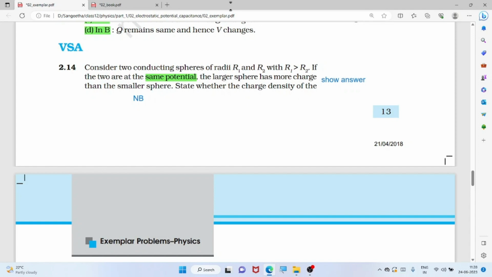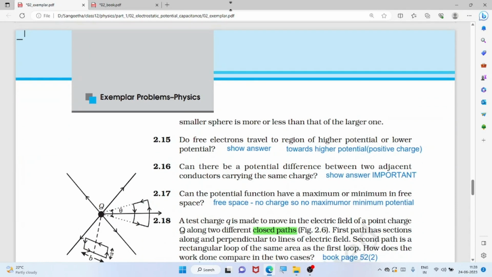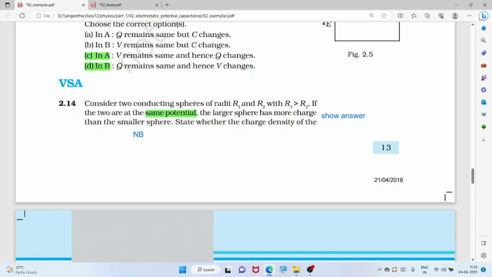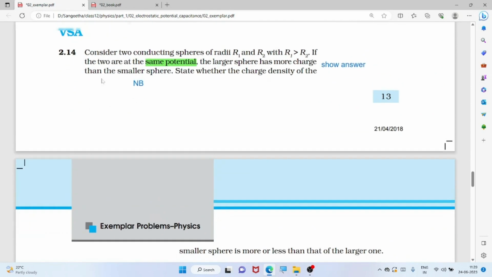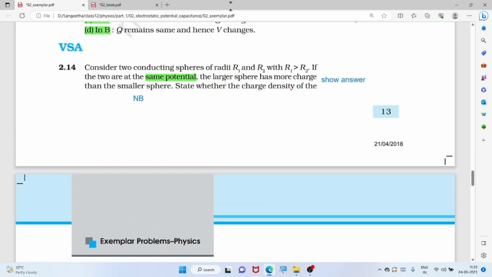State whether the charge density of the smaller sphere is more than that of the larger sphere. So here we have to use the potential formula. Both are at the same potential.